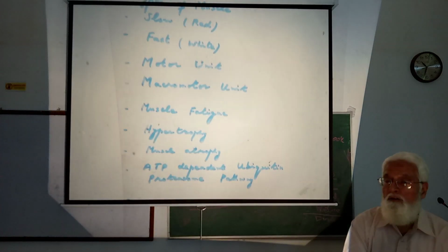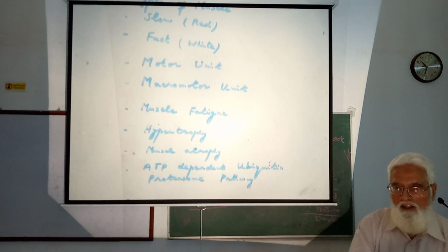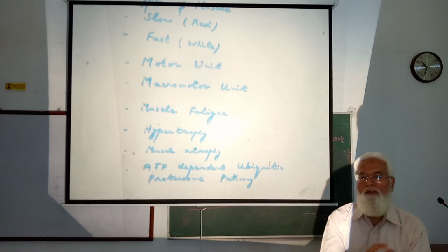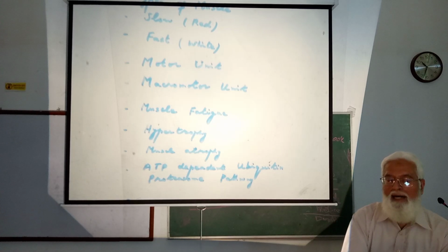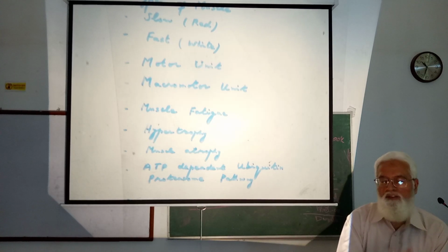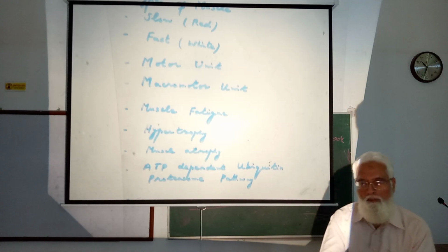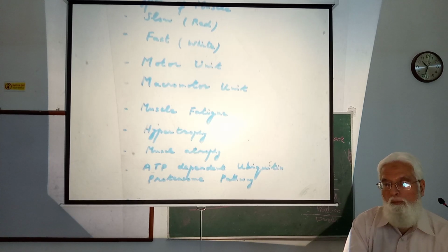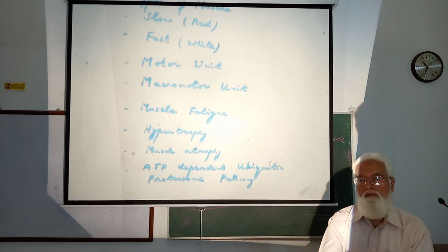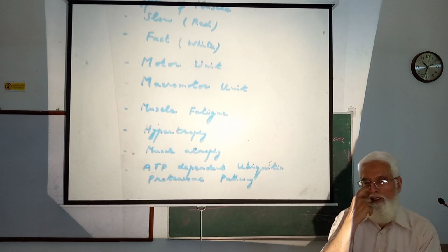Size and number of myofibrils increase. Number of actin and myosin filaments increase. So the quantity of contractile proteins increases.